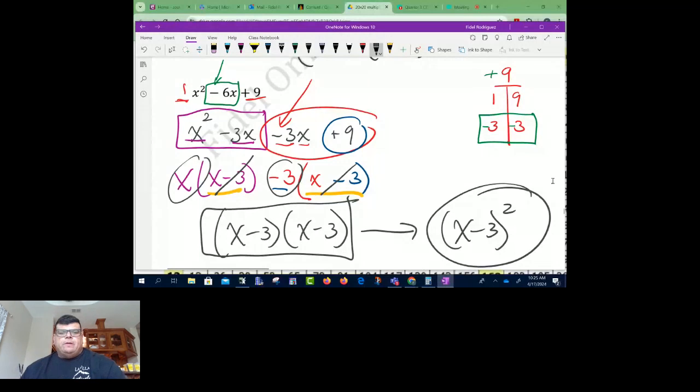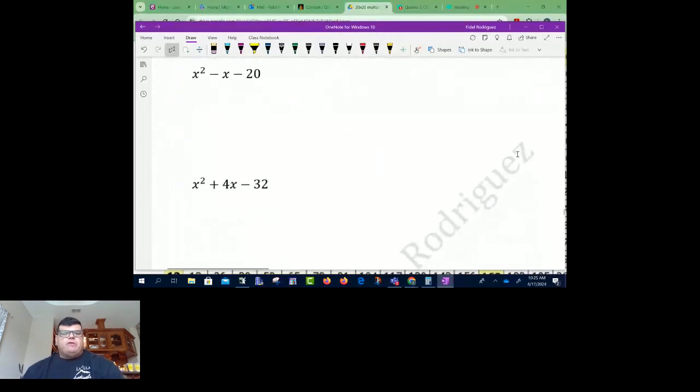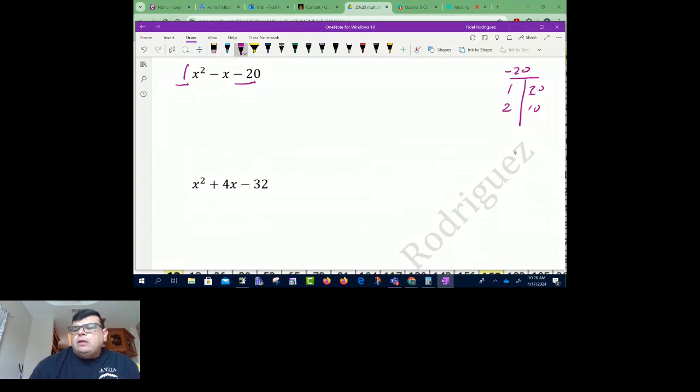Okay, let's see what else we got here, y'all, for factoring. Okay, let's try this next one here. First thing I'm going to do, y'all, put the number 1 right here. Okay, so 1 times negative 20, negative 20. Okay, y'all, I'm going to think of the numbers that I know that multiply to 20. I know it's going to be negative. We'll fix that in a minute. 1 and 20, 2 and 10, 4 and 5.